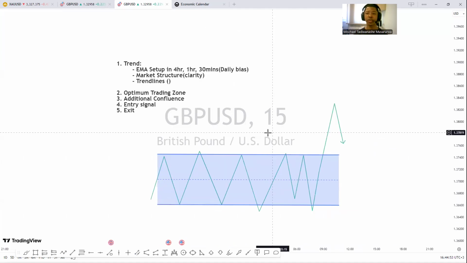So what traders do, they just sell here at this point, and then they buy at this point, making their take profit to be here, and then they sell here, making their take profit to be here, and then they buy at the bottom of the channel and sell at the top of the channel. This is very effective, but I no more trade that personally. Just trade when you see a clear uptrend or a clear downtrend.